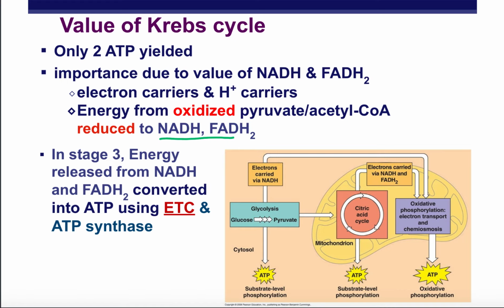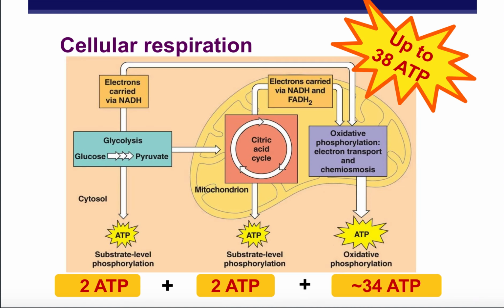And then in the last stage, oxidative phosphorylation, we're going to oxidize all that energy from our energy carrier batteries, NADH and FADH2, and convert that into ATP. And that's the whole point. We need that ATP to run our bodies, to move our muscles, to build molecules. We need it. And that's why we need lots of cellular respiration.